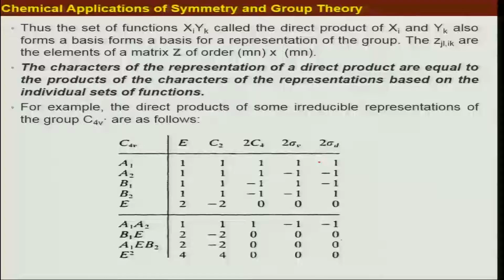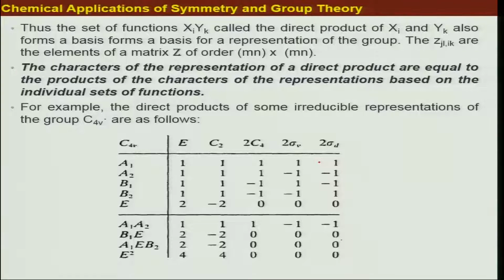So this is just an analogy. You have the individual basis functions xi and yk, and when you combine them one to one, the set that you get also acts as a basis set for a representation of the same point group.